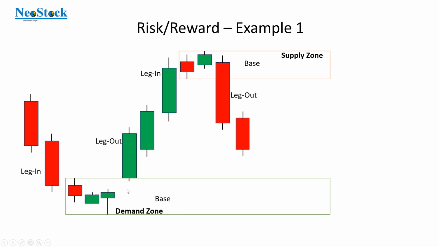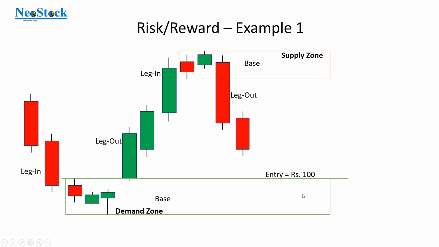The proximal line should be placed at the highest wick of the demand zone. So what is the highest wick among these 3 base candles? That is zone high. So this is going to be our proximal line. So proximal line describes the entry. Let us assume the entry is Indian rupees 100.